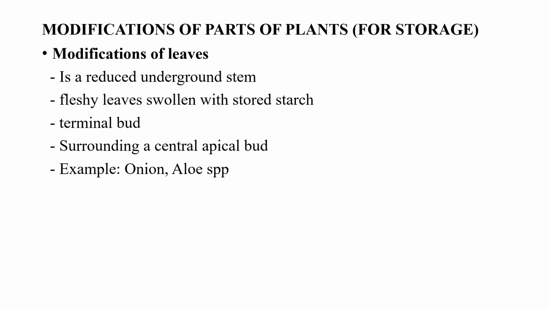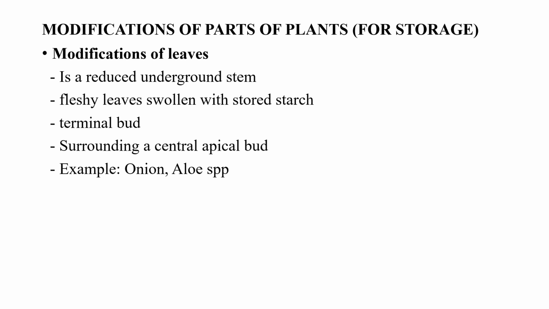We have looked at different types of leaves, but a situation where you have leaves that are not looking like the ones we have treated, not looking like the regular one you see, then we refer to that as modification.